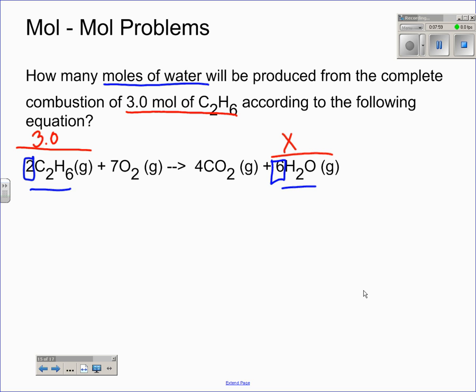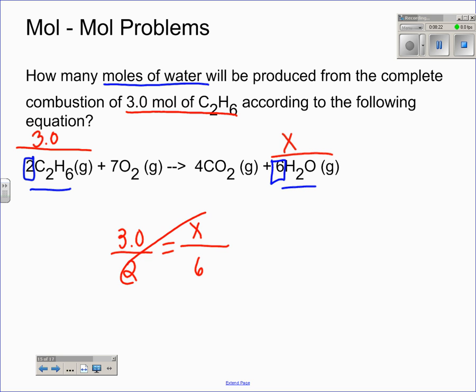So originally we knew that if we had 2 moles of ethane, we would get 6 moles of water, but we don't. We have 3 moles of ethane, so how many moles of water are we going to produce? So we can set up a proportion. 3 over the coefficient, which is 2, equals X over the coefficient, which is 6.